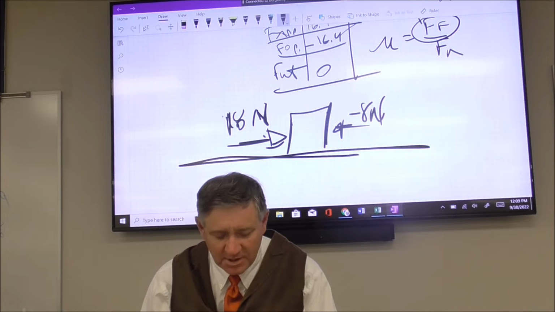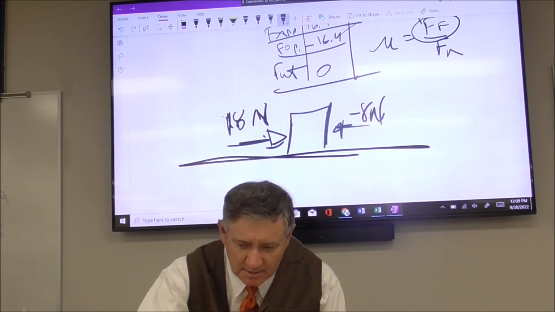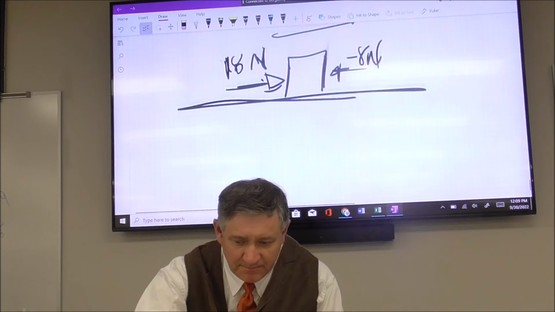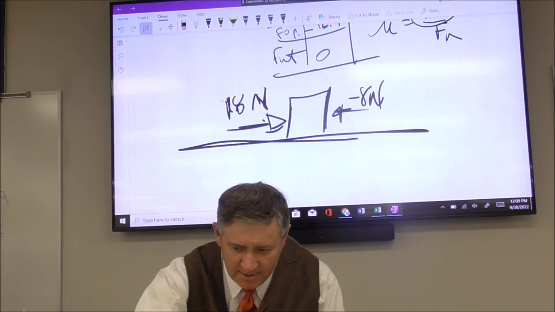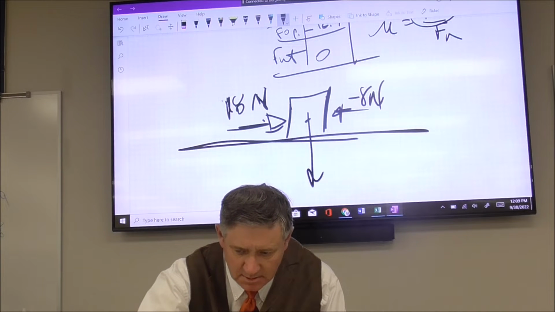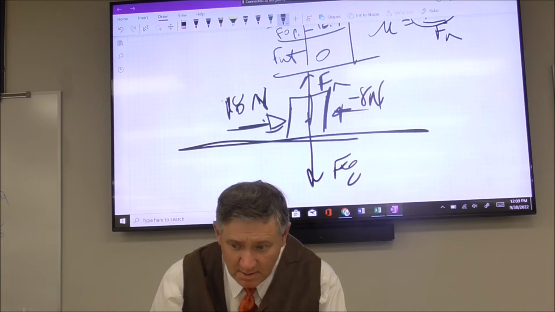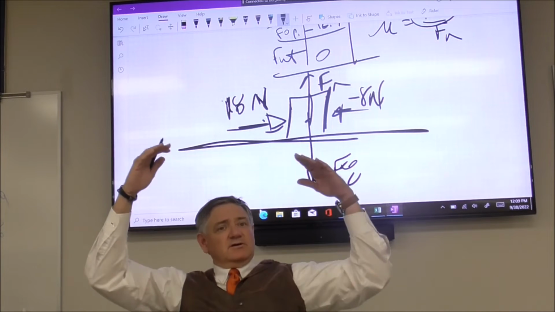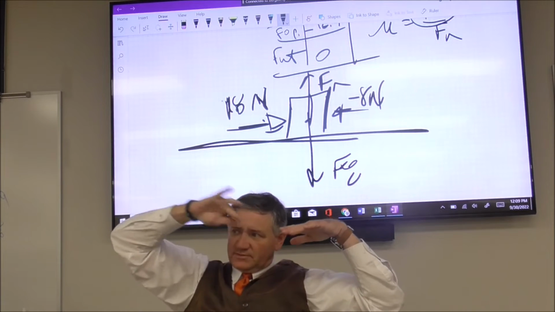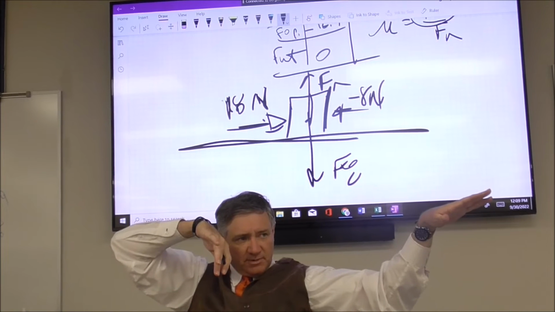Now, on the diagrams, you should have something that looks like this, drawn with a ruler, with a scale. You should have a gravitational force, a normal force, a force applied, a force opposing.